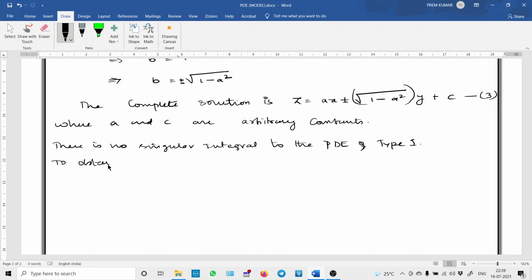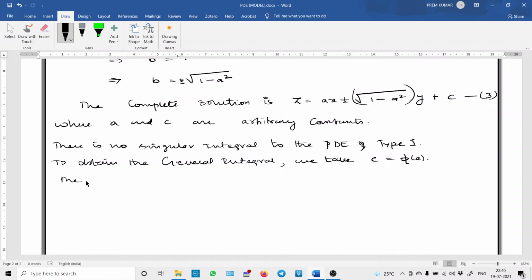To obtain the general solution or general integral, we take c equals some function of a. We don't know what this function is, so we assume that c equals phi of a.